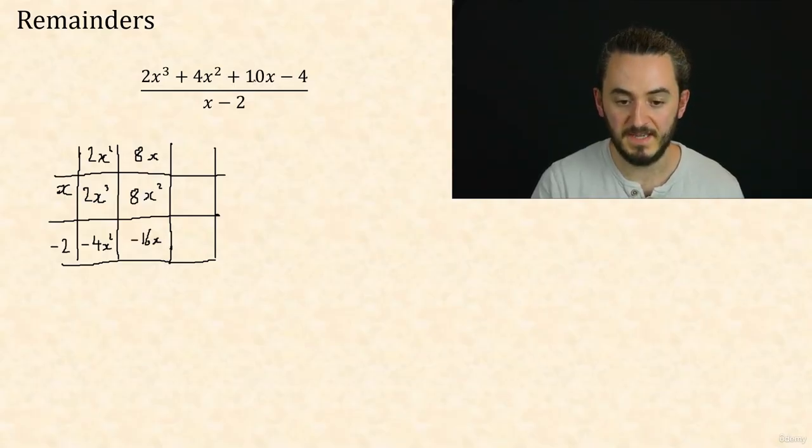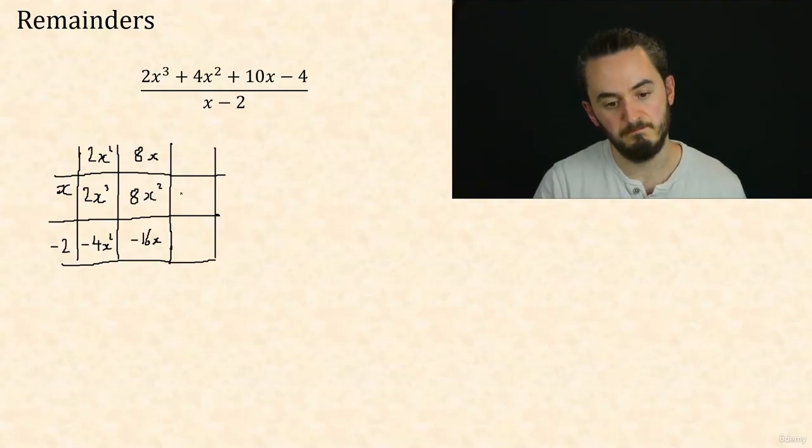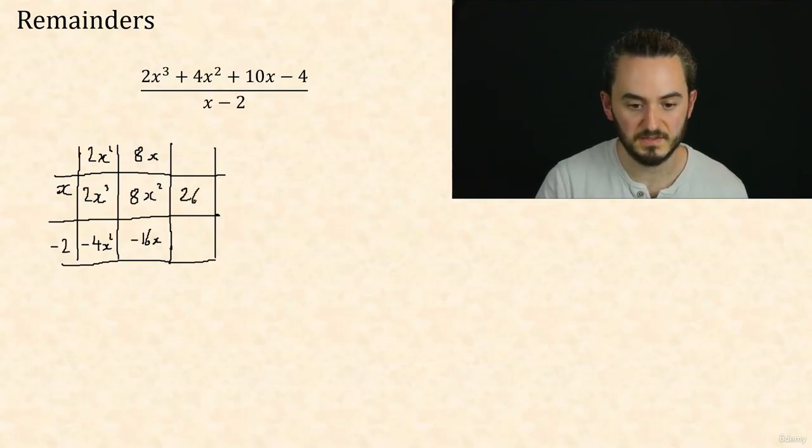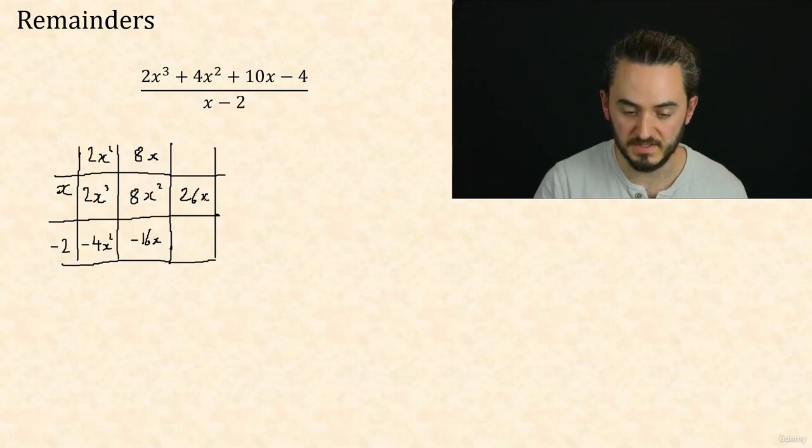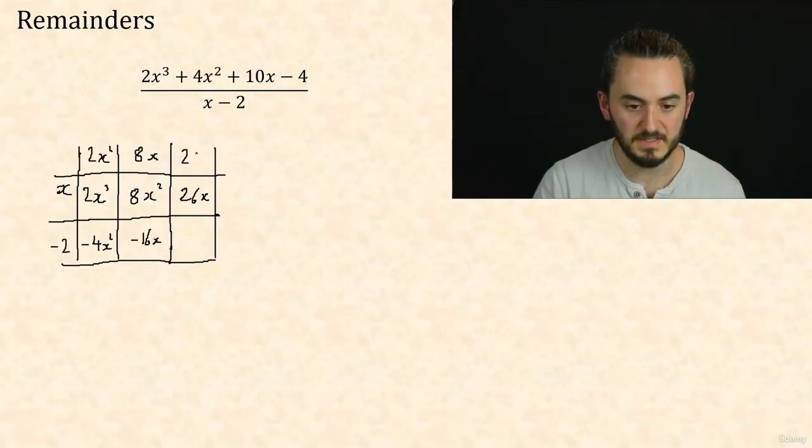And we wanted 10x and we have minus 16x, so we better add 26x onto that, because 26x minus 16x is 10x. That means this up here must have been a 26, because 26 times x is 26x. And finally, 26 times negative 2 is negative 52.